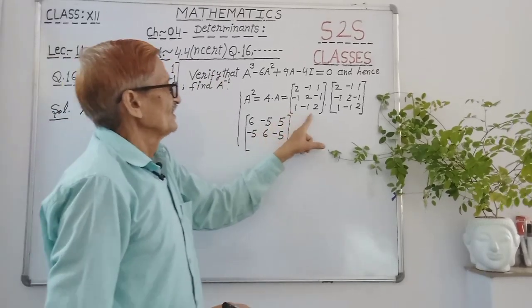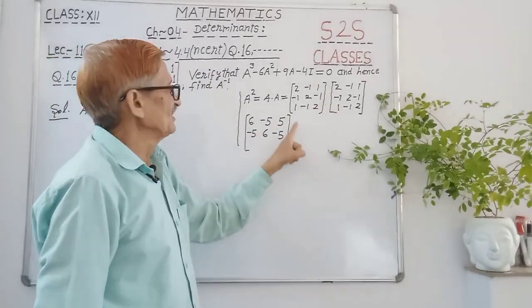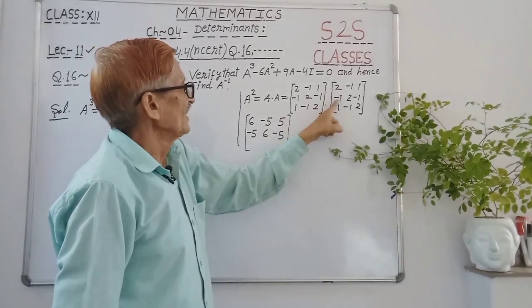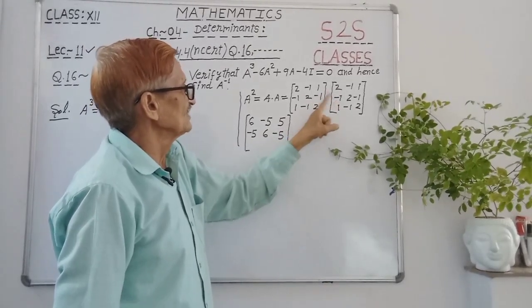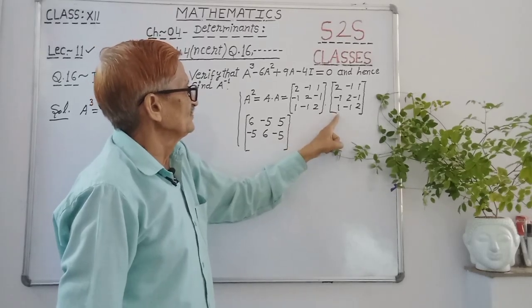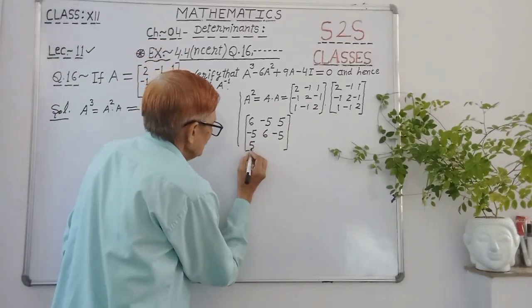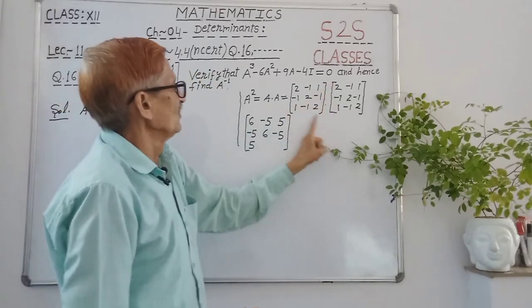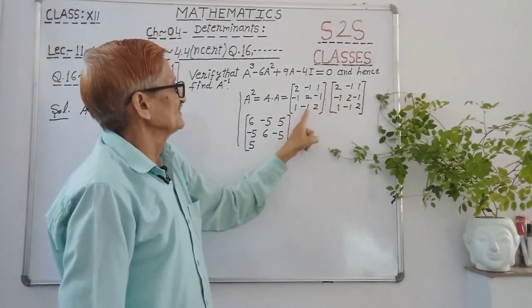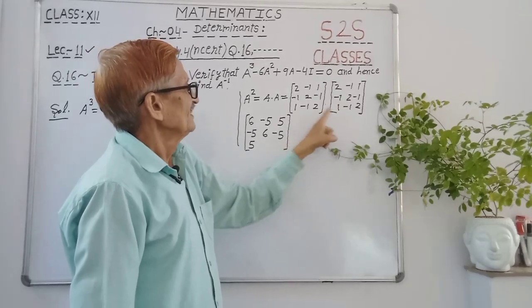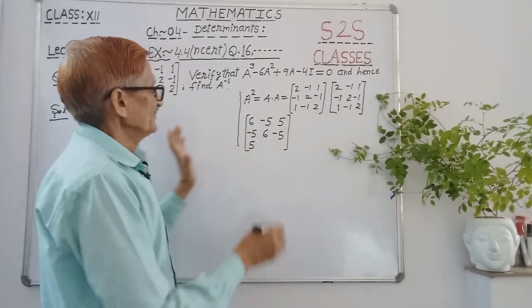Okay, now the third row similarly. Third with first column, 1 into 2 is 2, minus 1 into minus 1 is 1, 2 plus 1 is 3, and 2 into 1 is 2, 3 plus 2 is 5. Now with the second column, 1 into minus 1 is minus 1 and minus 2, minus 3 and minus 2, minus 5.